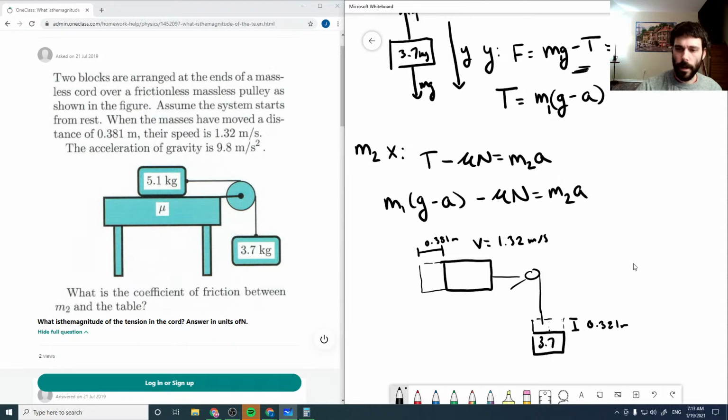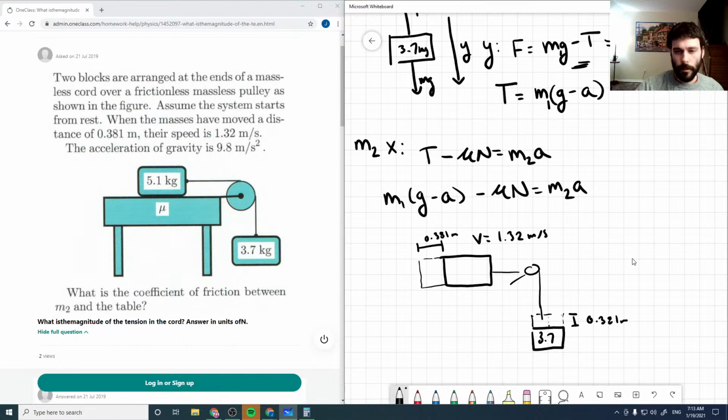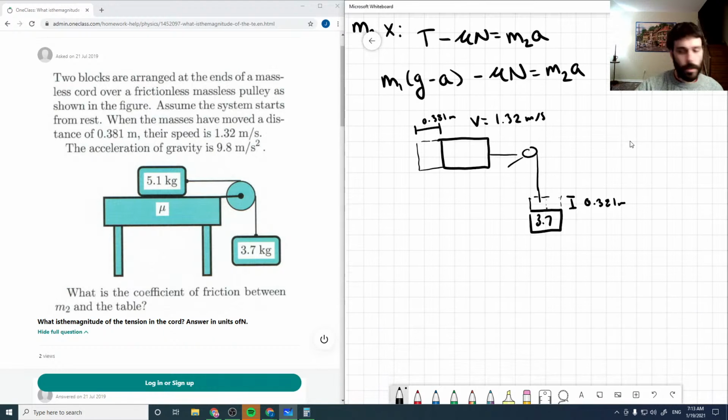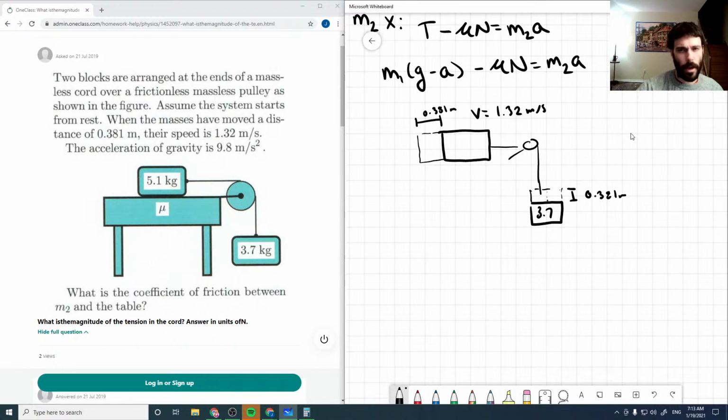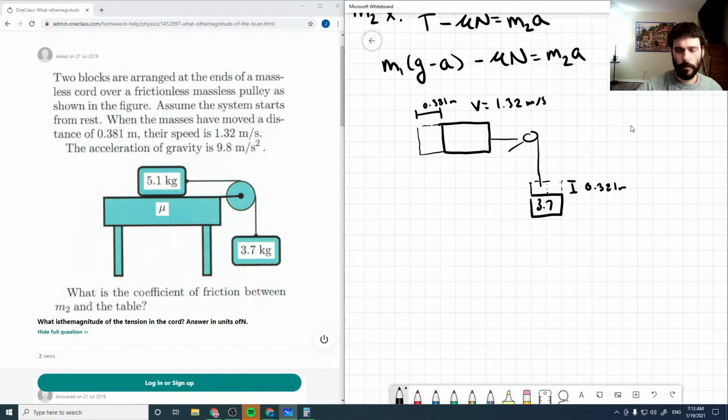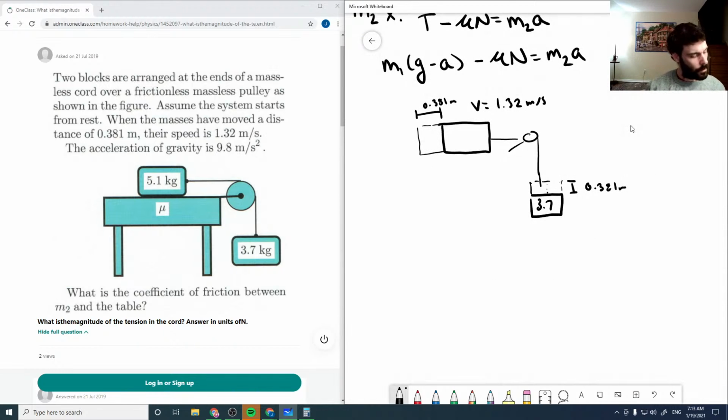And so we can apply some of our kinematic equations here. And now our acceleration is going to be constant. And assuming we start from rest, then our xf is xi plus v naught t plus 1/2 a t squared.